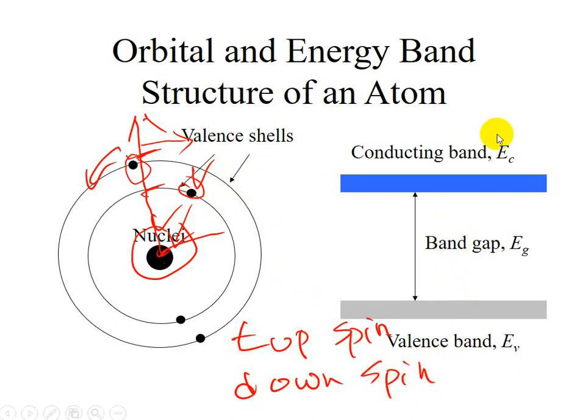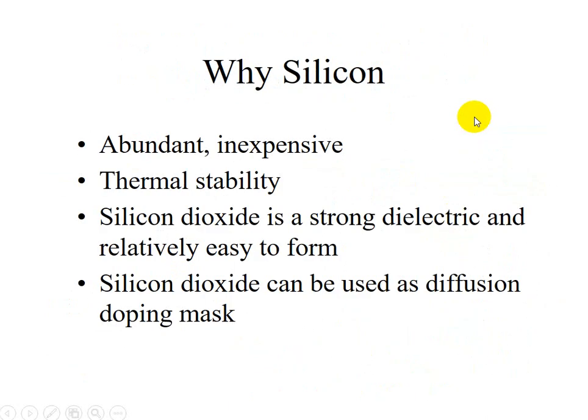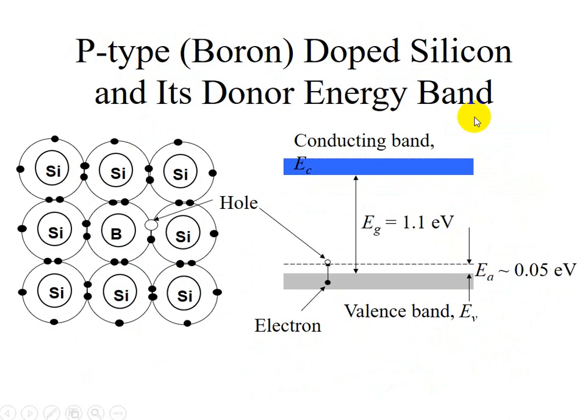Due to the different spin directions, the 2 electrons in the same orbital have a slightly different energy.